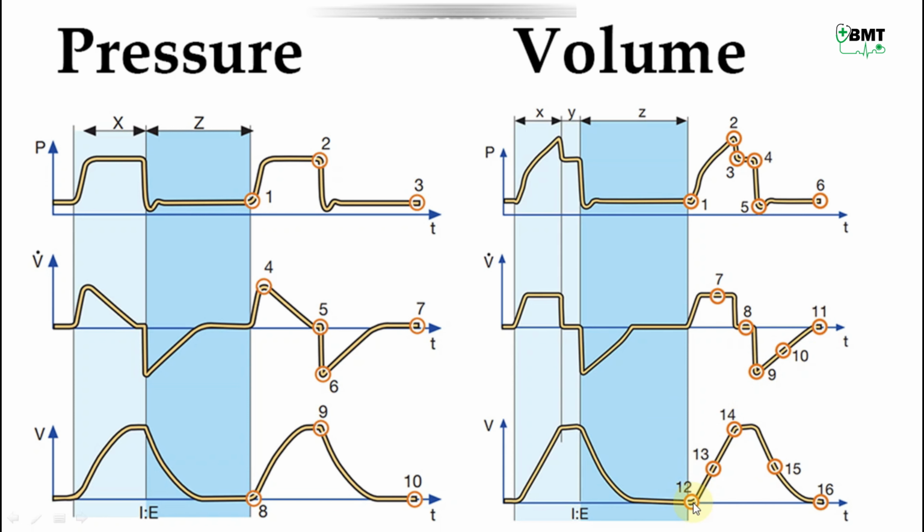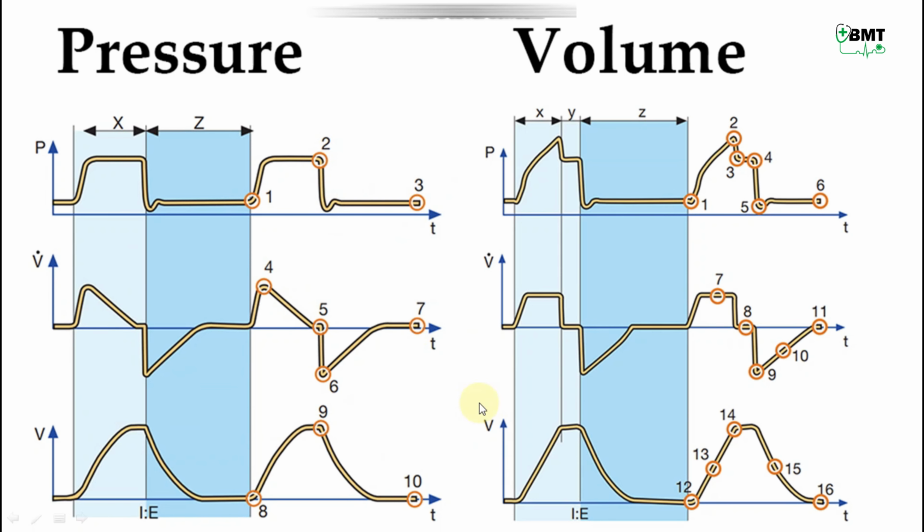And in the volume graph, this is the start of inspiration, then from here to here it is the end of inspiration, and from here to here it is the end of expiration. And this portion is the pause taken between the inspiratory and the expiratory phase. Now to consider the pressure graph, this is the start of inspiration, this is the peak inspiratory pressure, this is the inspiratory phase, and then this is the expiratory phase.